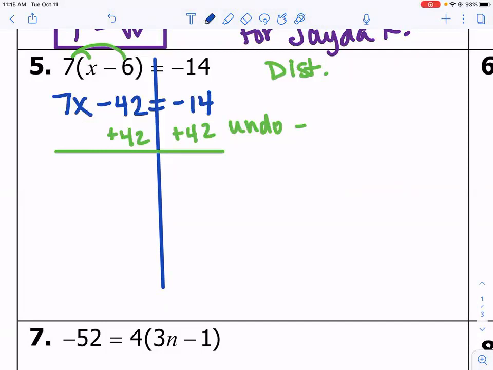So when we do that, the -42 plus 42 goes to 0. That's what we need. So we're left with our 7X equals, and you know what? There is no shame in using a calculator to help you with -14 plus 42. But what is it? 28.